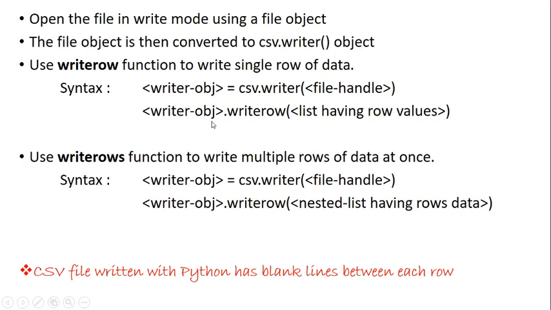Then I write writer object.writerow, and the argument that I pass in this function has to be a list, necessarily. All the values of that list will be written to my writer object, which in return will be written in the file handle and ultimately my file.